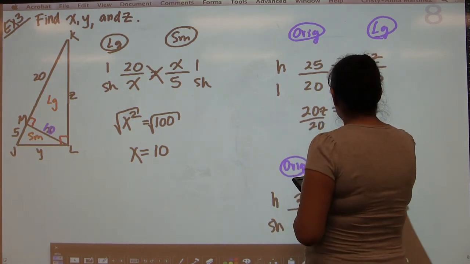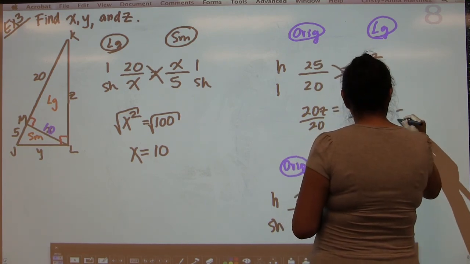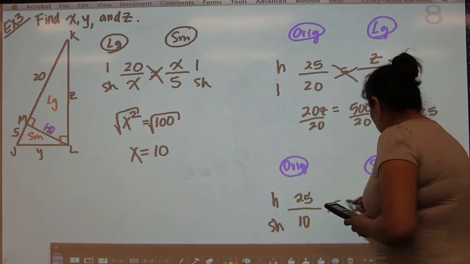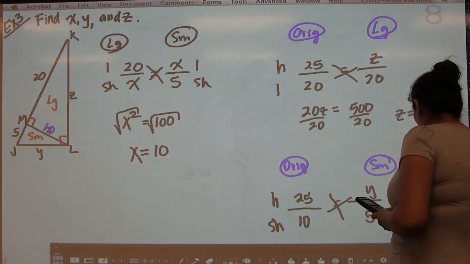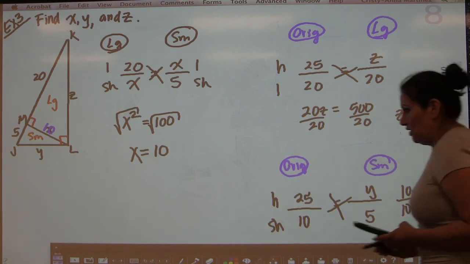Divide that by 20, and you get that z equals 25. And over here, you're going to get 10y equals 25 times 5, which is going to be 125. Divide that by 10, and you get that y is equal to 12.5.